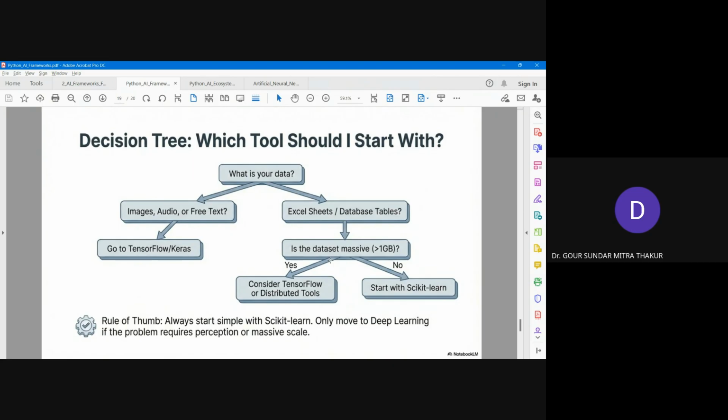But if the data is in an Excel sheet or table databases, then I check whether we have a massive database, greater than 1 GB or something like that. If it is massive, then again go for TensorFlow or similar tools. If not, and it comes under normal prediction or classification, then go for scikit-learn. The thumb rule I always give is to start with the simple scikit-learn library, and only move to deep learning if the problem requires perception and massive scale. Otherwise, do not go for it.